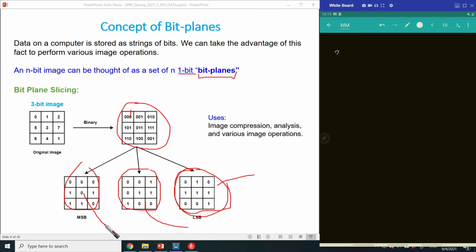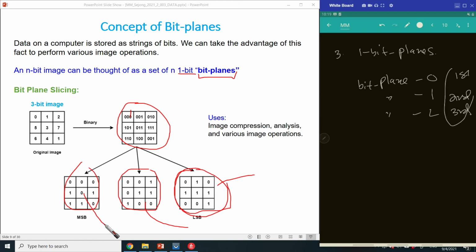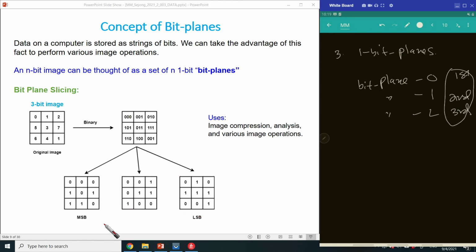There are 3 1-bit planes. So we say bit plane 0, bit plane 1, and bit plane 2. So this is the first bit plane, this is the second bit plane, and this is the third bit plane.